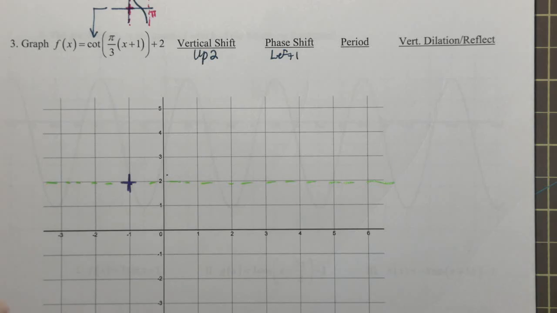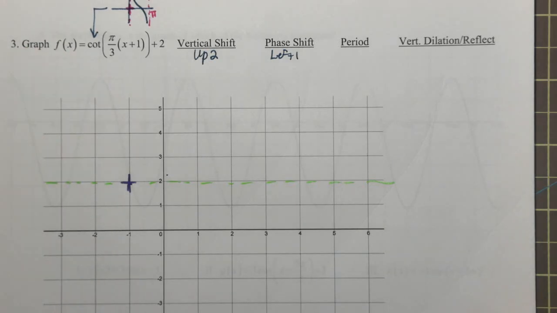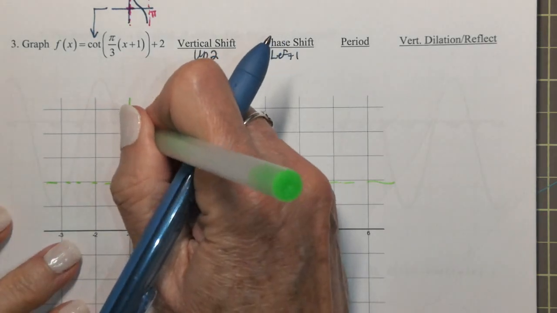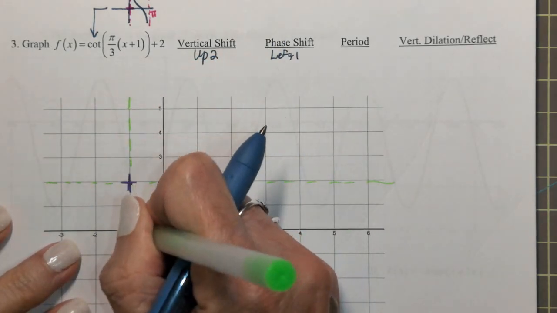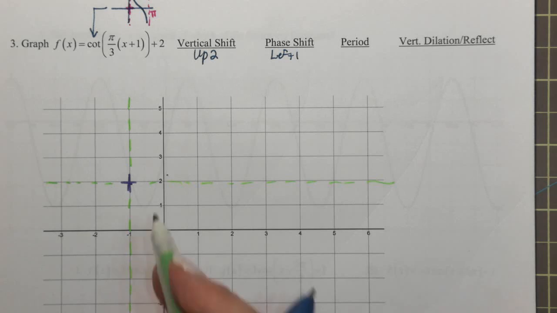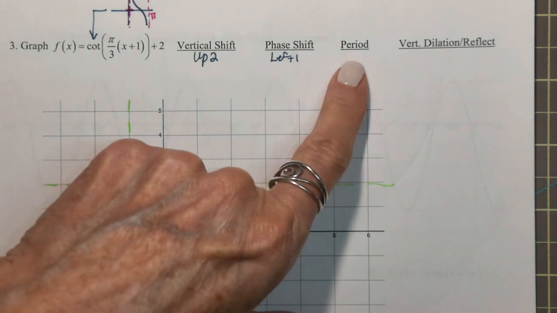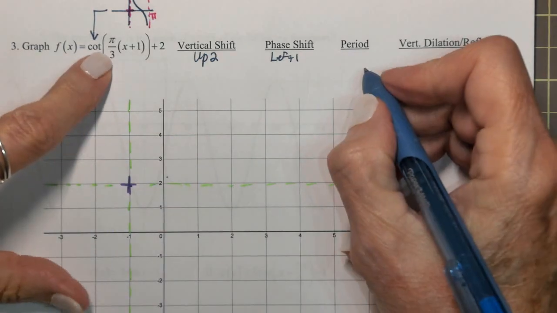Okay? Alright, it's cotangent, isn't it? So, I know I have an asymptote right there, right at my new origin. True? My starting point is actually to the right of that. Yeah? Let's find out how far to the right of that by looking at the period.